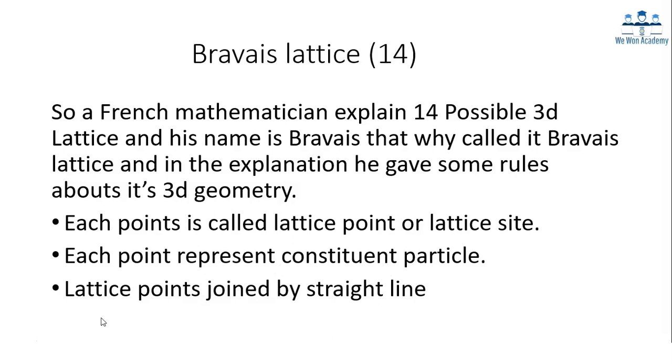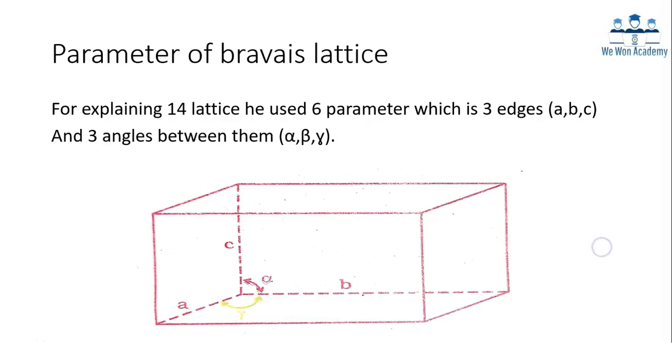And third, lattice points are joined by straight lines, not curved. For explaining all this, Bravais used 6 parameters: 3 are the edges a, b, c and 3 are the angles between them, alpha, beta, gamma.